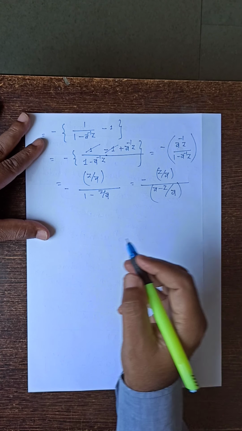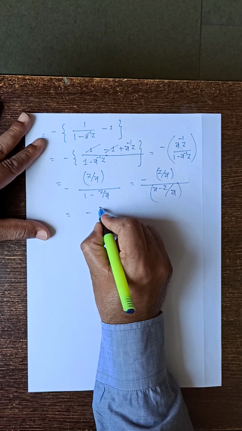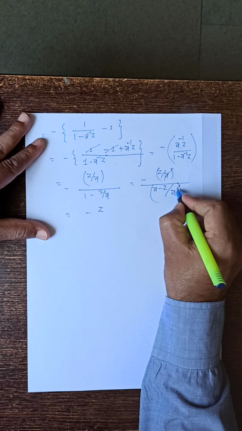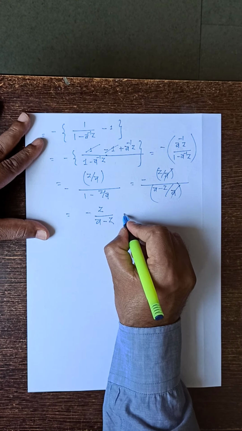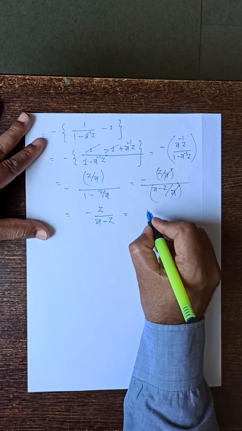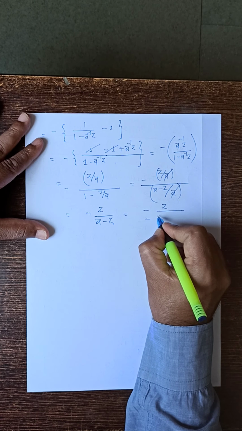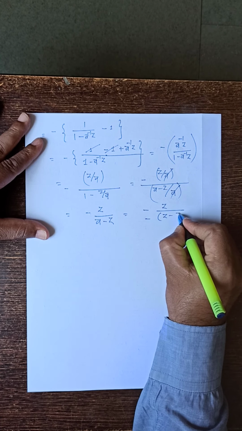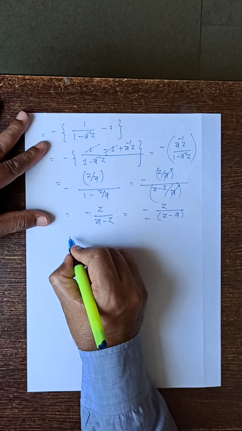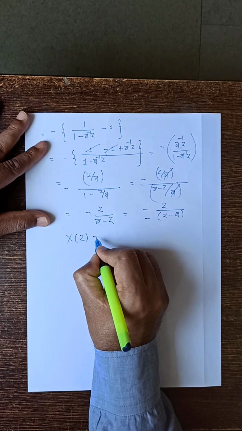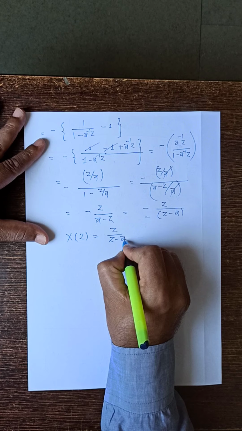So this a and a are going to be cancelled. So that is equal to minus z divided by a minus z. I will take minus z as it is, and the minus sign is taken out, z minus a. So this is equal to minus z over minus (z minus a). So no change in the meaning. X(z) is equal to z divided by z minus a.